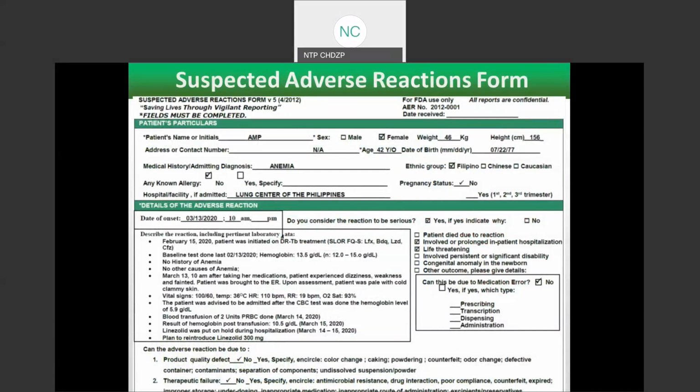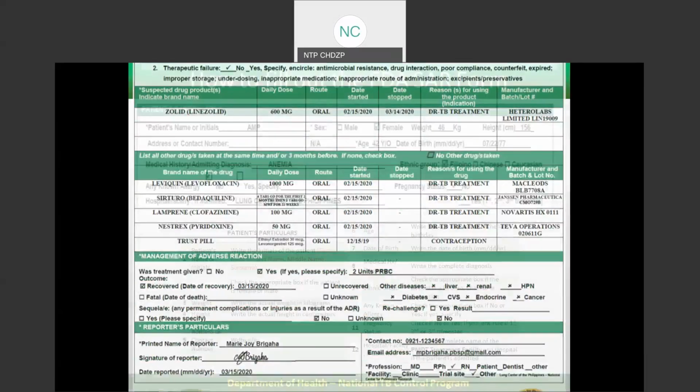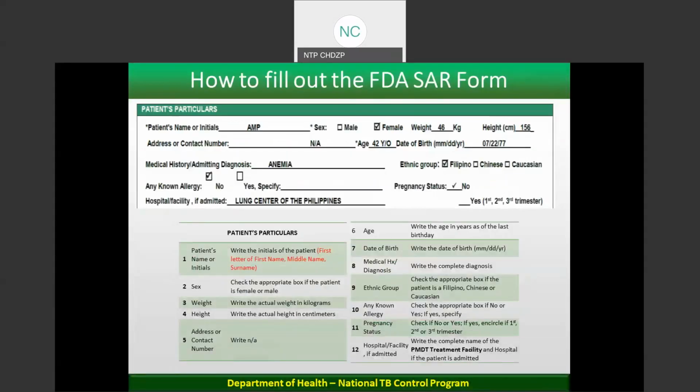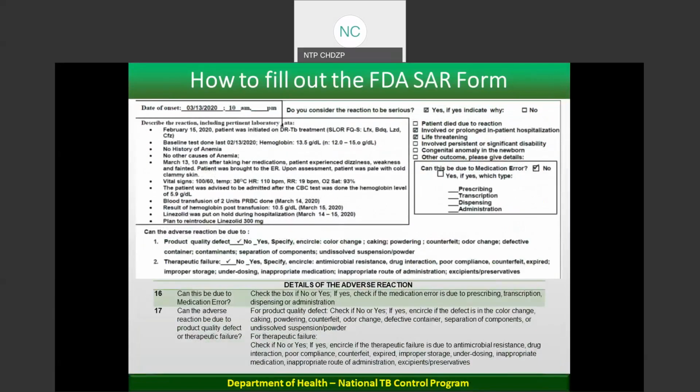So for our example, the more detailed the report, the better.